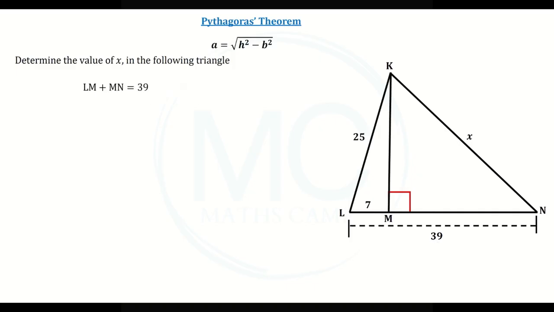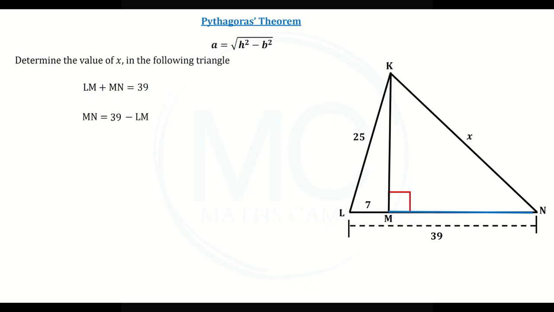But we don't want LN. We want the length of MN. So let's make this side blue. Now we can rearrange our equation to solve for MN. So we can say MN is equal to 39. I'm going to move LM to the right, and we get minus LM.